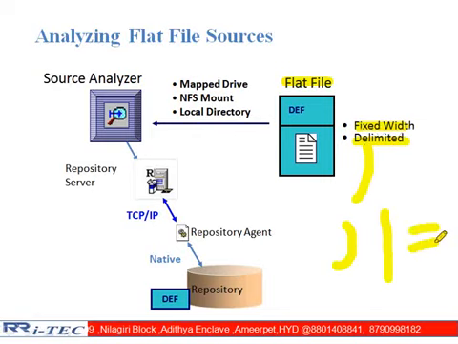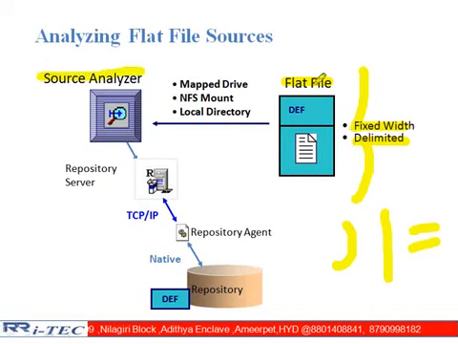Yes, I can take whatever I want, dollar separated, whatever it is separated with. Fixed width means what, sir? Columns are separated by spaces, one column and another column separated with 20 spaces. That is called fixed width. So flat files are two types: one is fixed width, second is delimited.